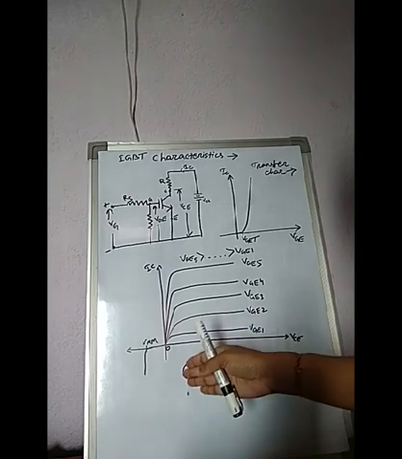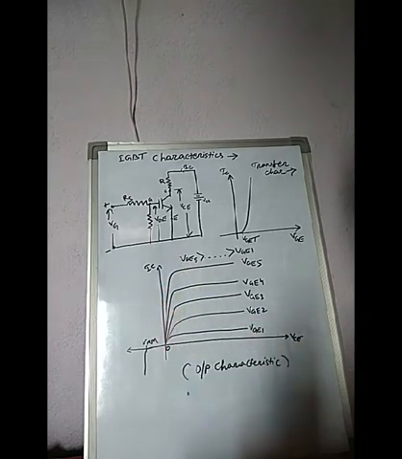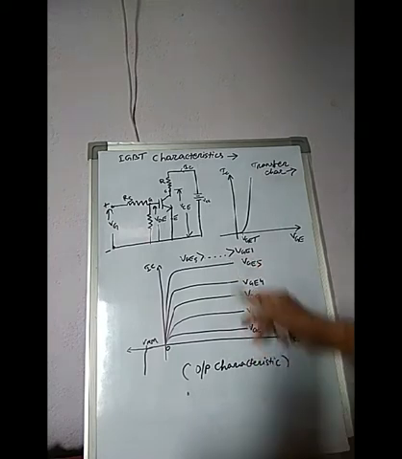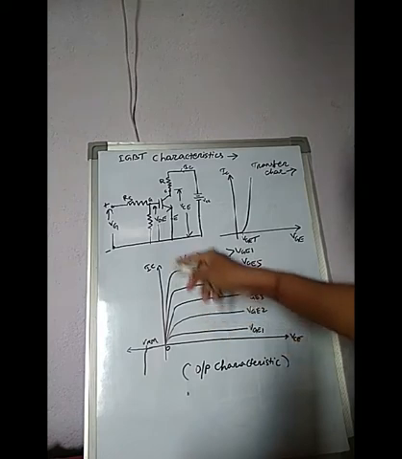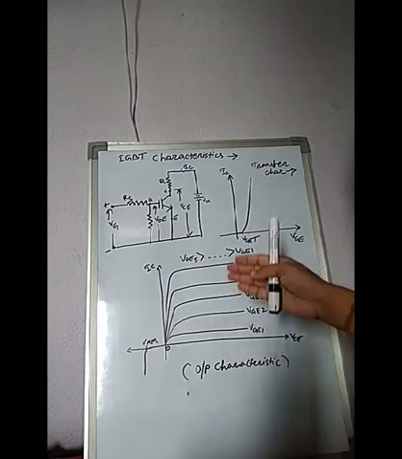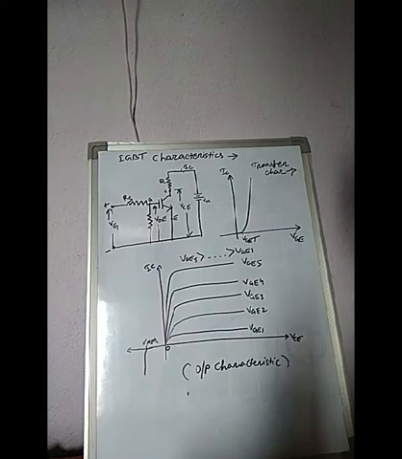So we should avoid operating the device beyond this VRM level. This output characteristics is almost the same as the BJT output characteristics and MOSFET output characteristics, only the parameters are different.